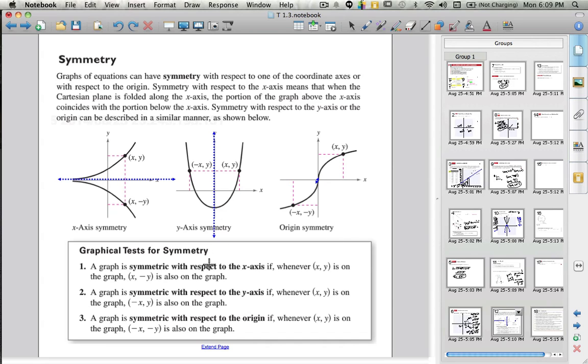And these are ways to test by looking at the graph. In this case, you'll see the x values are the same and the y's are opposites. When I'm symmetrical around the y-axis, the x values are opposites and the y's are the same. And when we're looking at being symmetrical around the origin, we have points where the x's and y's are both opposites. That's what we're looking at here for these.